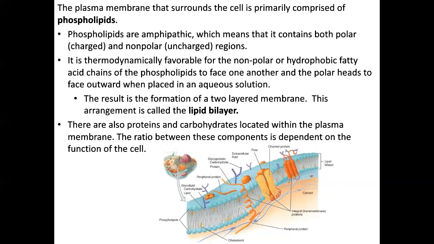What we're going to do is transition from them to now talking about what we call the plasma membrane, which is the structure that surrounds the outside of the cell, which we actually started to talk a little bit about in our previous lecture, biochemistry, when we learned about those fats called phospholipids.